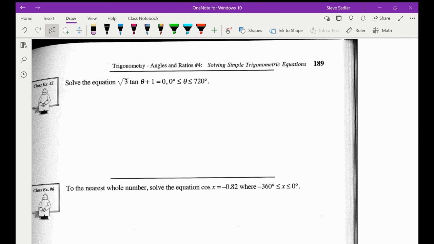So we have this fun equation, root 3 tan theta plus 1 is equal to 0. And you can see our domain is 0 to 720. So what we're doing is we are looking at answers for not only one rotation to 360, but a second rotation to 720.